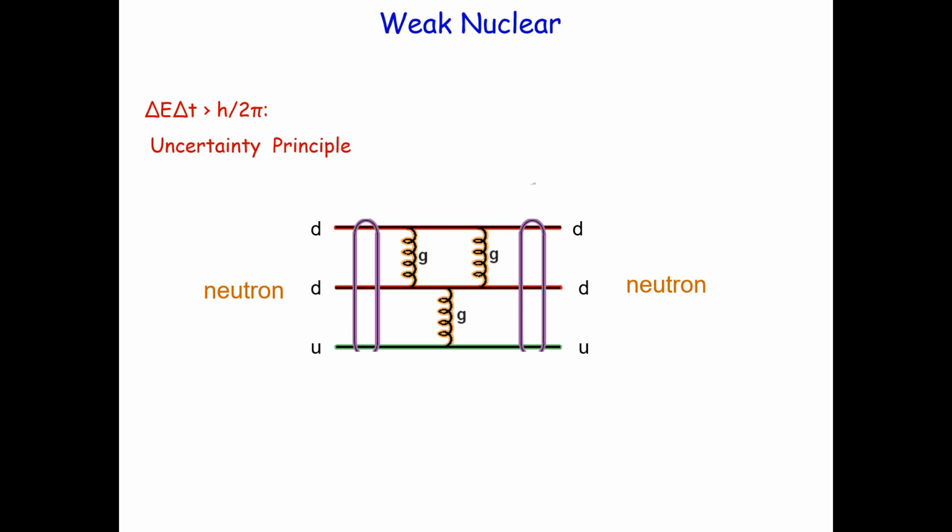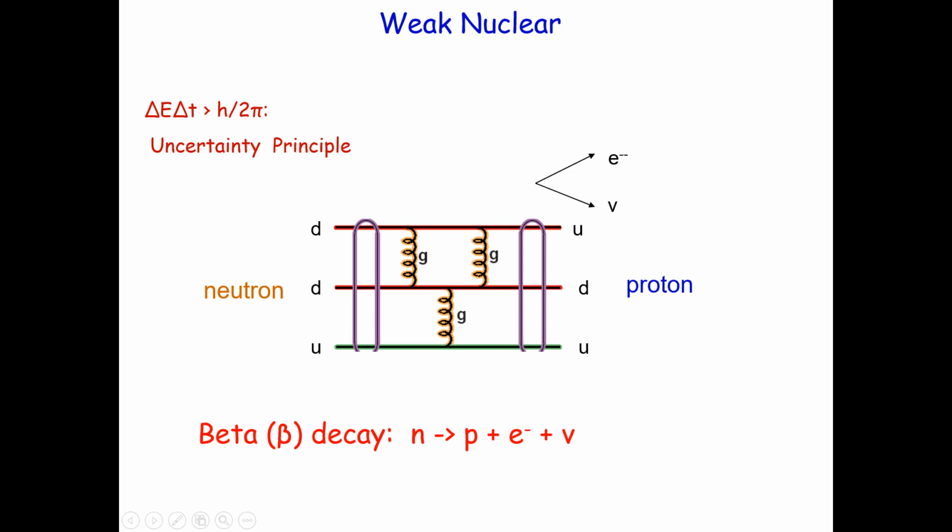Here you can see that when weak interactions occur, we have electrons, and along with that a neutrino. As a result of the weak interactions, a neutron is converted into a proton, and the overall process is beta decay. In this beta decay, a neutron is converted into a proton, and along with that we have an electron and a neutrino.